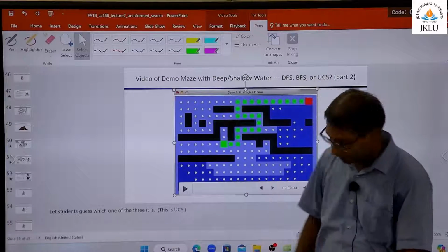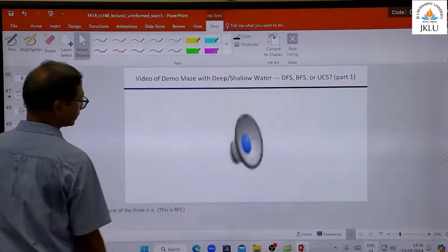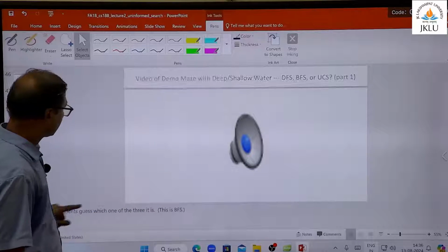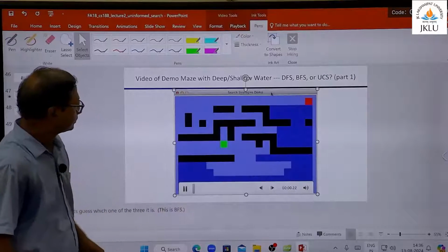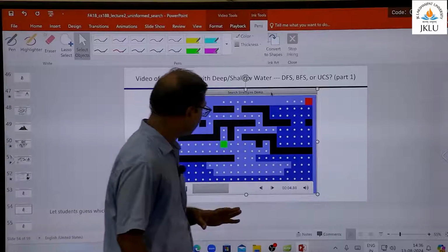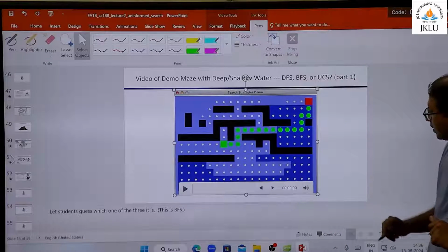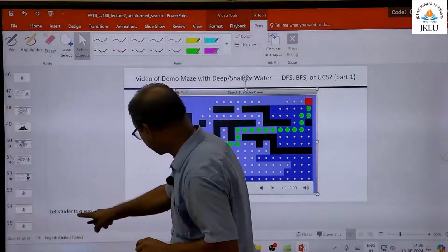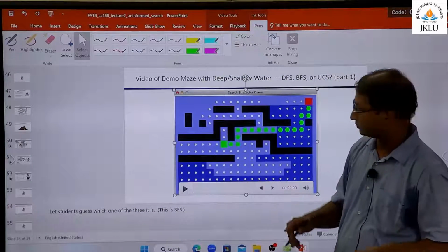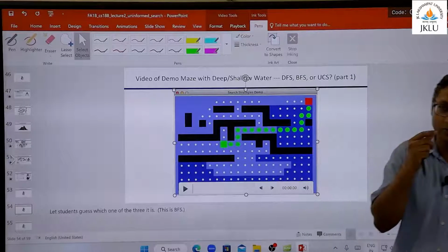पिछली वाली मेज में, एक बार मेज में डिफरेंस देखना. Is the maze the same? No? देख लेना भाई एक बार. Okay. So let's guess which one. This is BFS. Right, now it makes more sense. This is BFS.